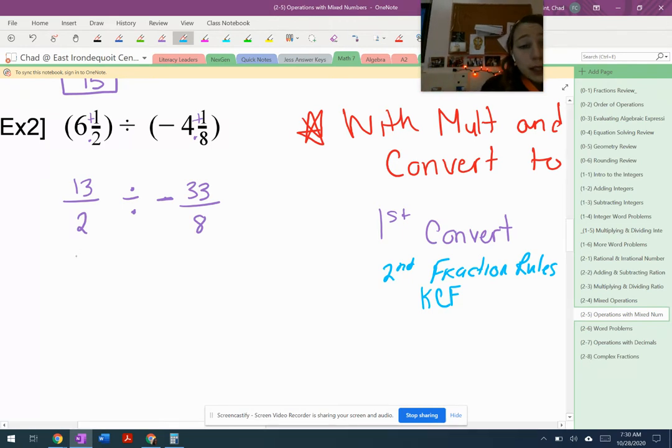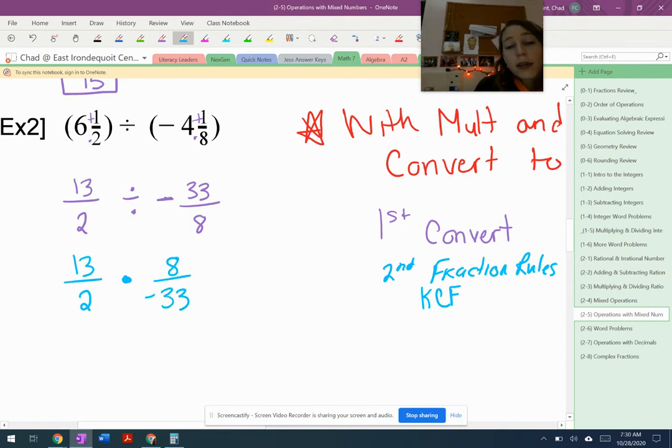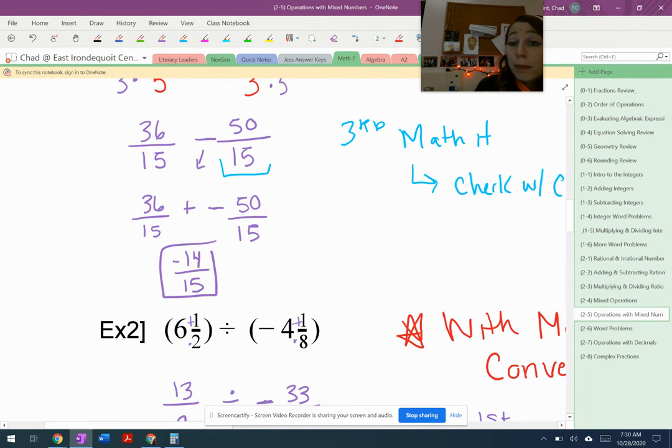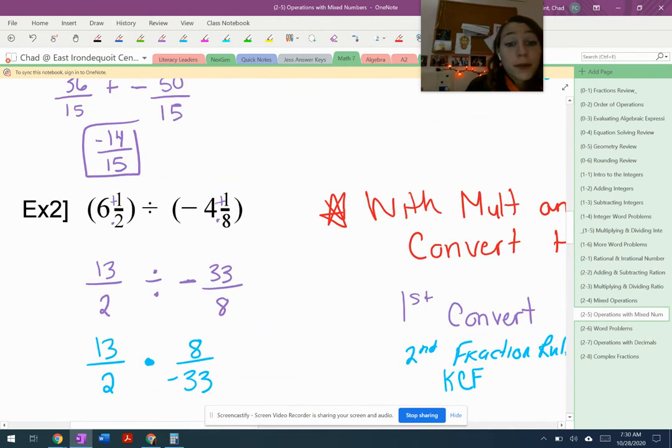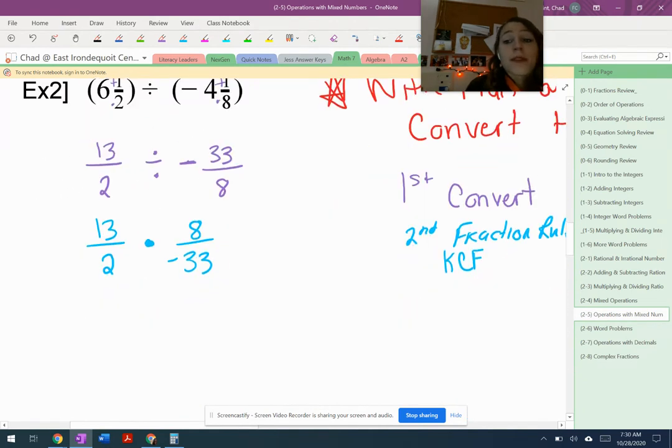So I'm keeping that first fraction the same, multiplying by the reciprocal. Keep, change, flip. Notice I kept the negative. I didn't get rid of that negative. That's only when we're doing that add the opposite like we did in example number 1. 2 different situations there.